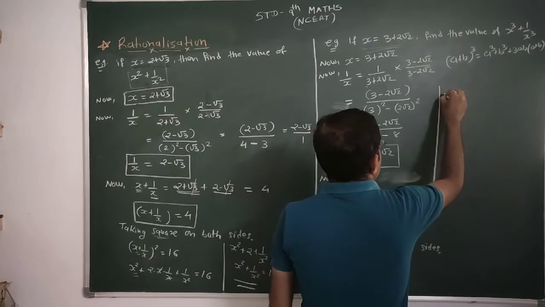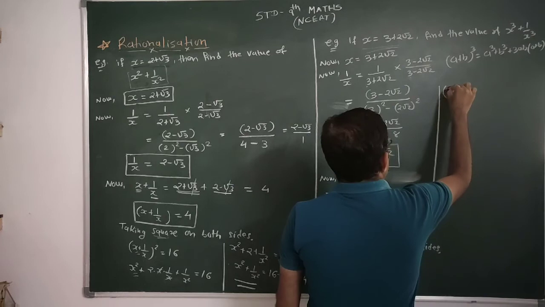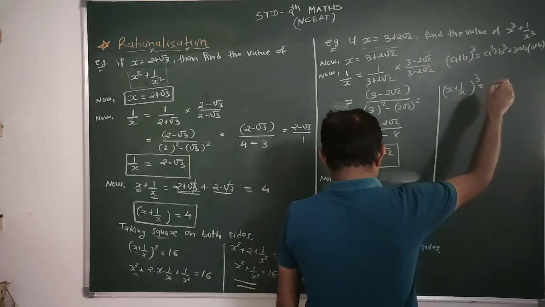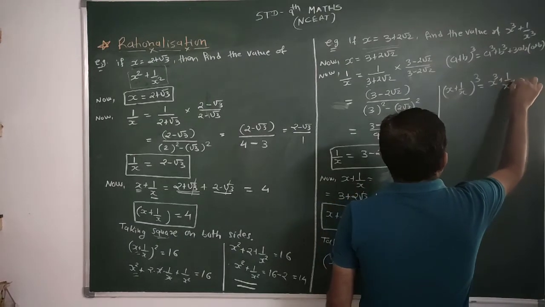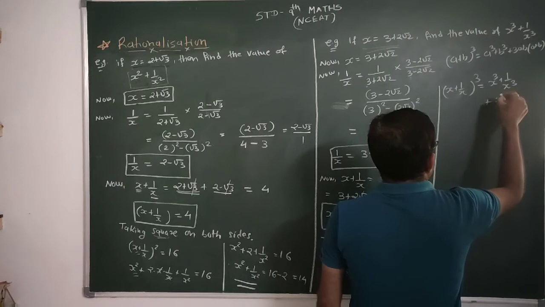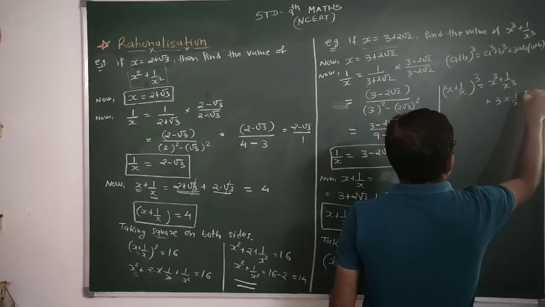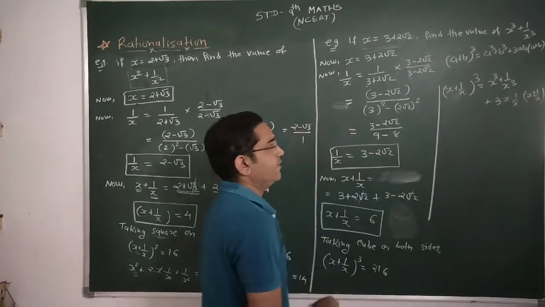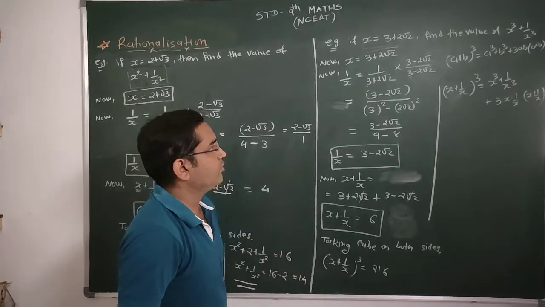What will it be? Here a is x, so writing it fully, x plus 1 by x whole cube equal to x cube plus 1 by x cube plus 3 into ab. So ab is x into 1 upon x into x plus 1 upon x. Clear? So x plus 1 by x whole cube equal to 216.